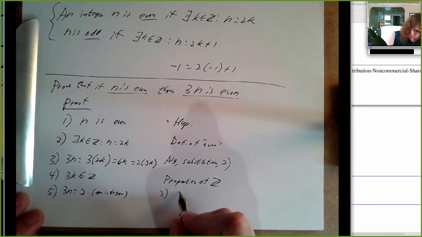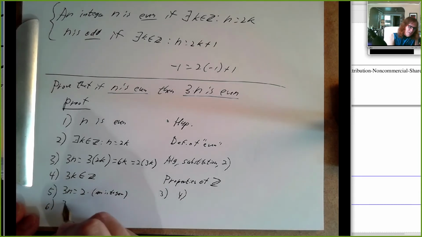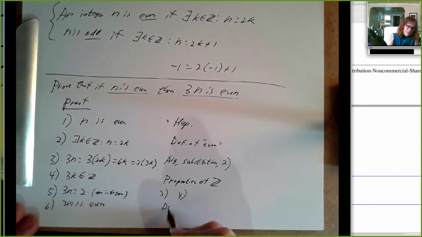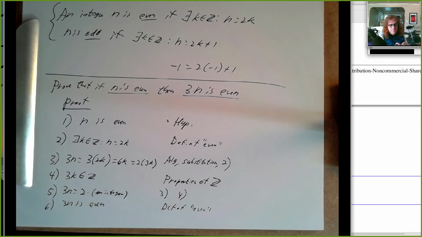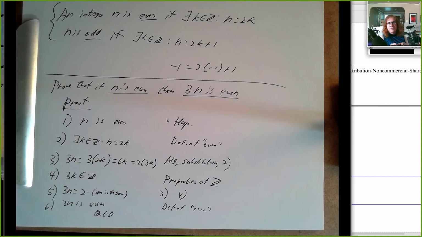And that's just sort of combining steps 3 and 4. Well, if I've written 3n as 2 times an integer, what can I say? 3n is even. And that's the definition of even. And so by starting off with n is even, I have shown that 3n is even. That's the end of my proof.